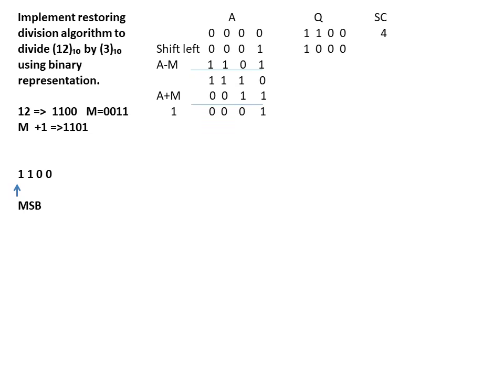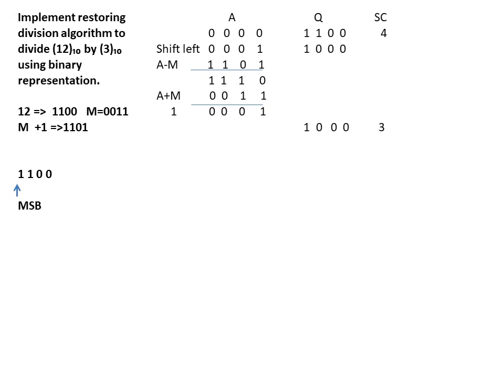So now we get the result 0001 and the carry is 1. Ignore the carry here. Next step is to decrement the sequence counter. Next, we have to repeat all these cycles.